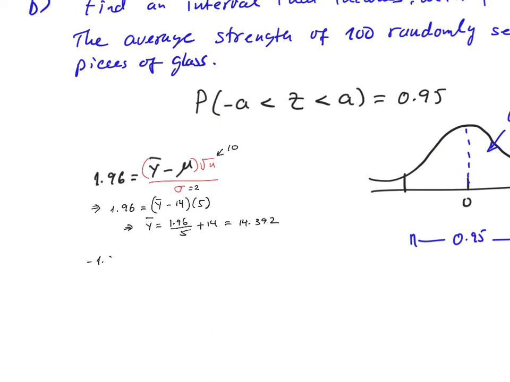And if you do the same thing for minus 1.96, that's going to imply that y bar is going to be equal to 13.608. So therefore, the probability that 13.608 is less than y bar less than 14.392 will be equal to 95%.